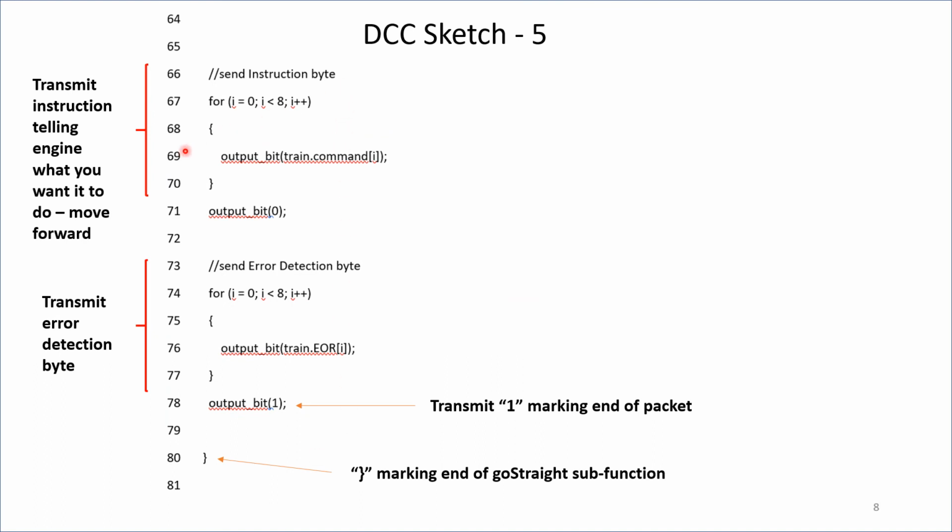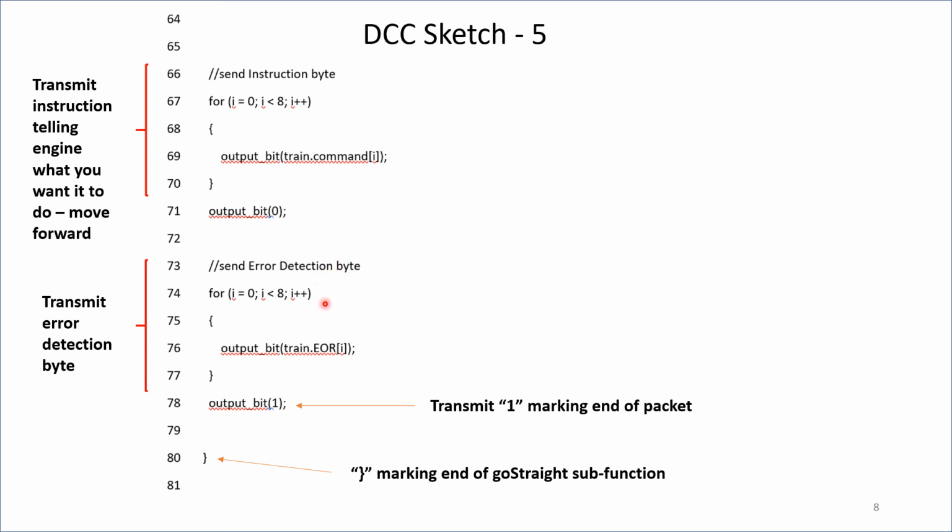Now I send out the command field. I send out the 8 bits of the train.command byte, and I go through each of the bits in turn, sending the output bit 0 or 1 depending on whether there are zeros or ones to transmit. Then between the command byte and the error detection byte, I'm sending a bit 0.